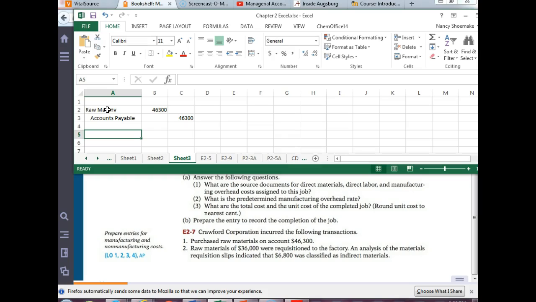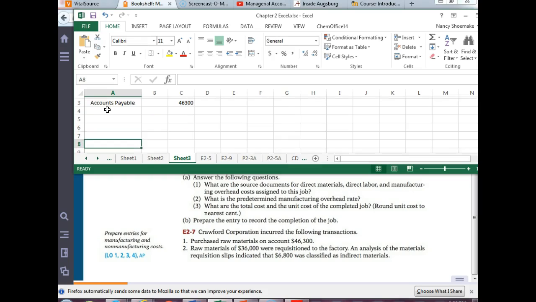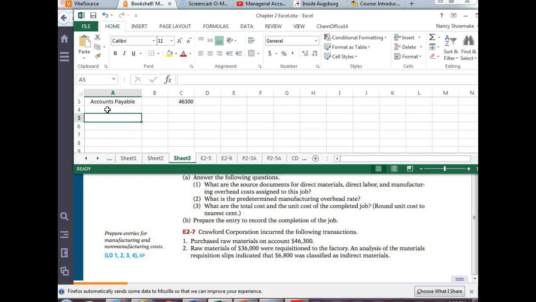Number 2, raw materials of 36,000 were requisitioned to the factory. An analysis of the material requisition slips indicated that 6,800 was classified as indirect materials. So, what are we going to debit? 2 things, right?